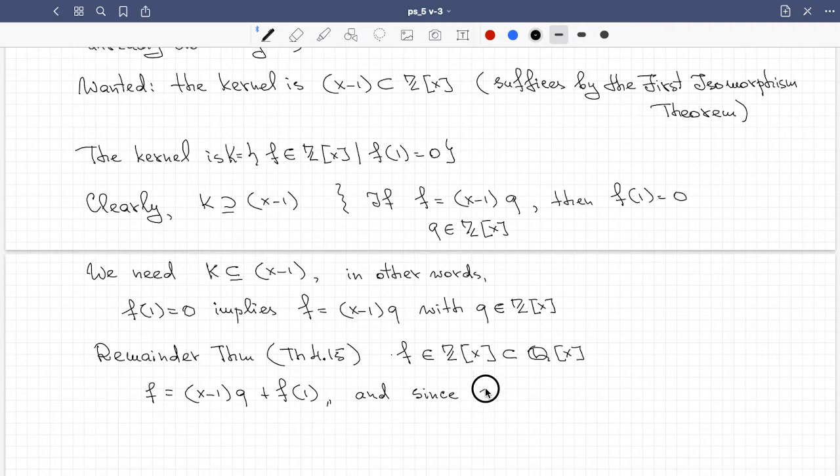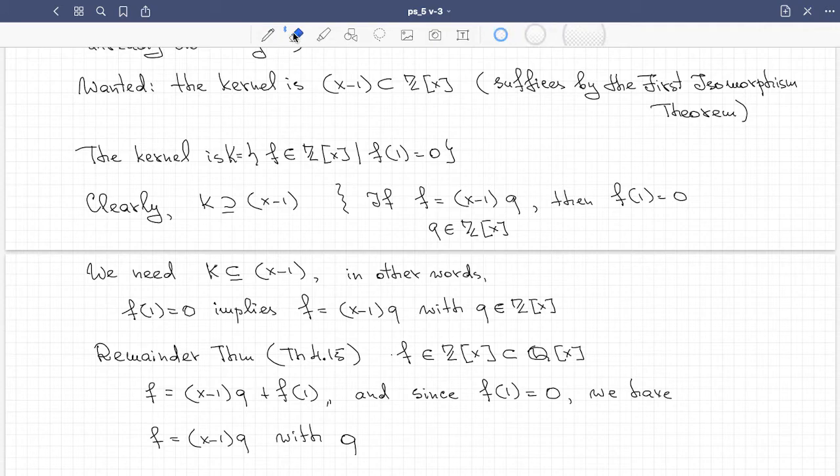And since f of 1 is 0, we have f as x minus 1 times q, but with q a polynomial with rational coefficients.